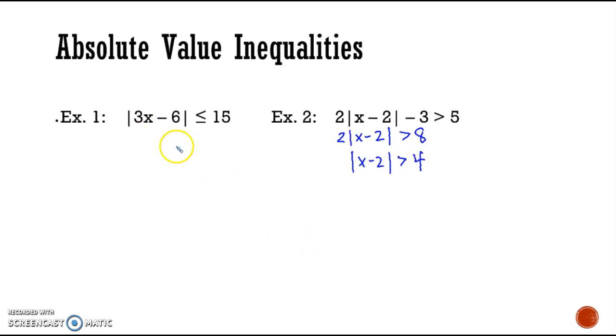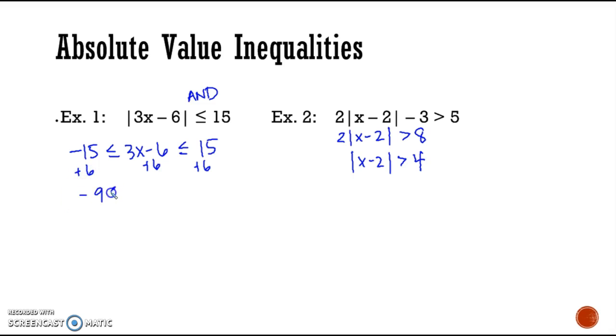Now for the first one, the absolute value of 3x minus 6, all right, that needs to be less than 15. So that distance has to be less than 15 units from 0. So I can put a negative 15 on one side, a positive 15 on the other, and I want that 3x minus 6 to be in the middle. So if it's an "and" equation because it's less than, I'm going to put it in the middle and make a compound inequality every time. Then to solve, I'm just going to add 6 to all three sides.